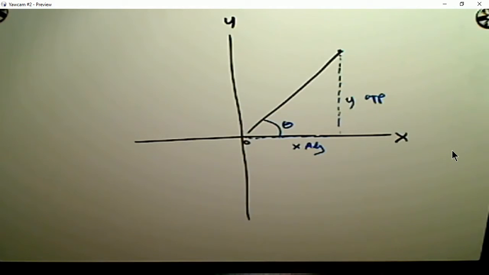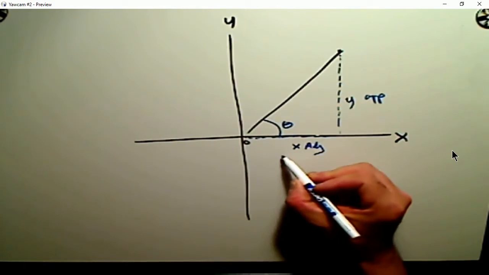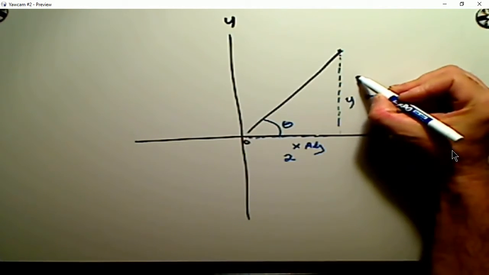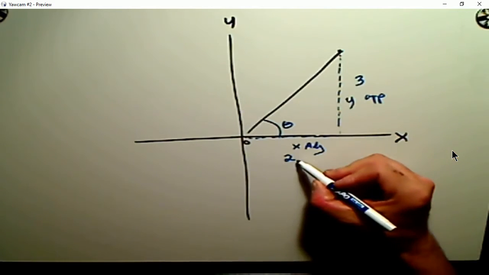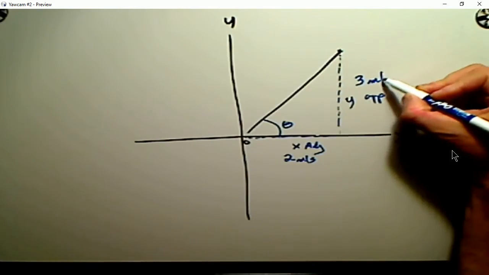If we say that this length here is 2 and this length here is 3, and it could be in any units, let's use meters per second, as a vector.